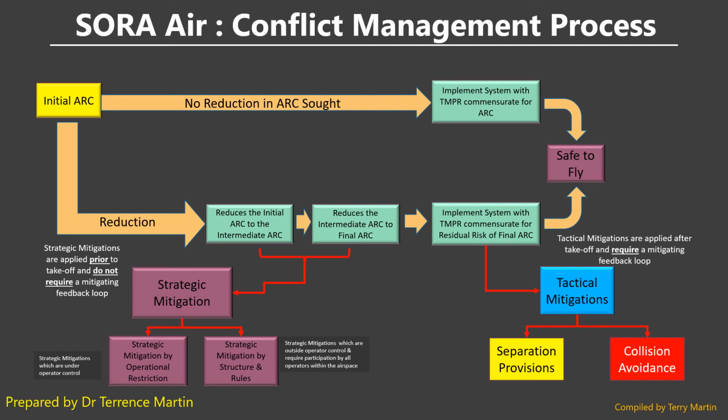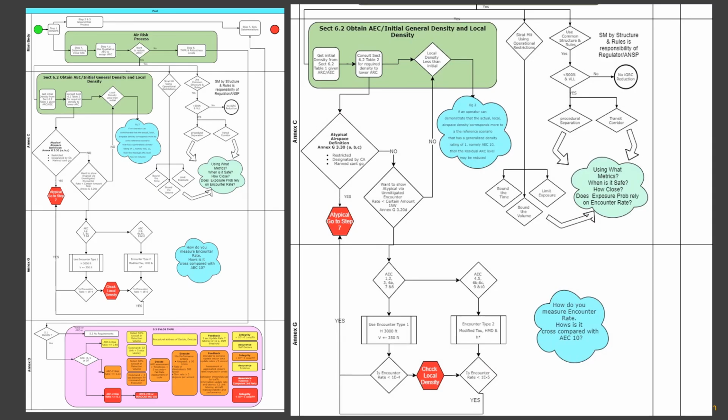Now, one of the things to try and craft out what's missing or what needs further clarification on the continuum of the SORA, Annex C, Annex D, and Annex G, we kind of created a flow diagram, and this is just for your benefit. It's more of a queuing thing about what we're doing.